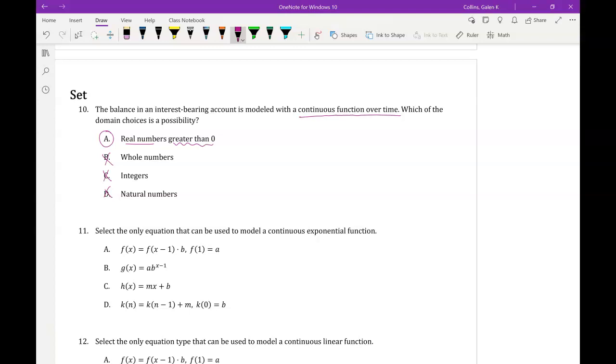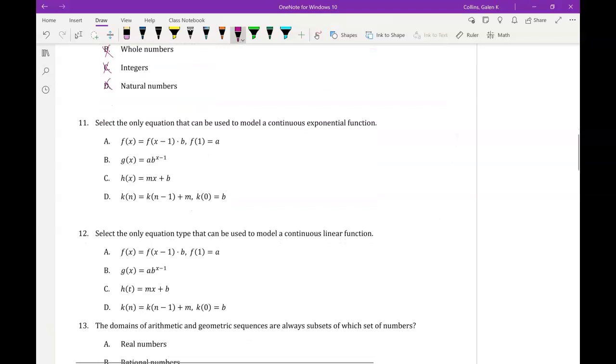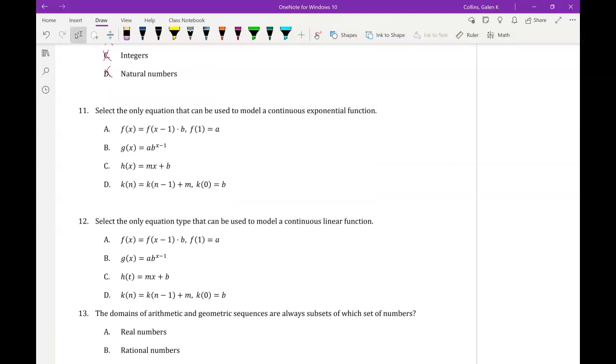So I would actually say real numbers greater than or equal to 0 is probably a better answer, but of the answers we have, A is the best choice. In question 11, select the only equation that can be used to model a continuous exponential function. Okay, so let's take these one choice at a time maybe.